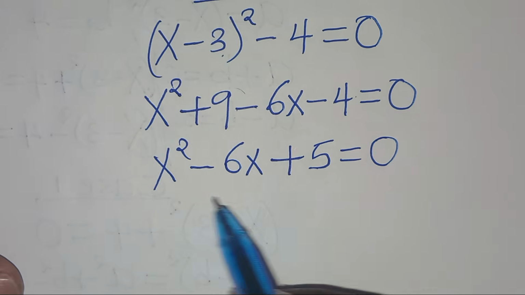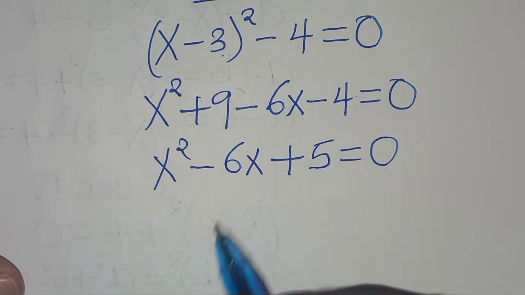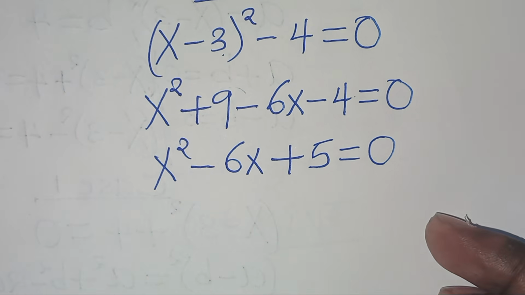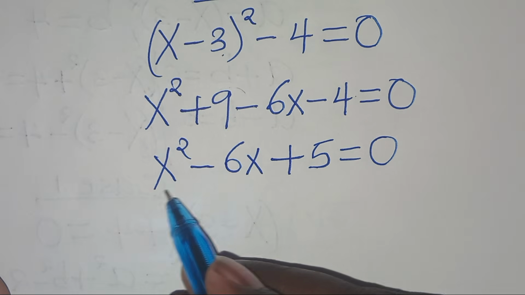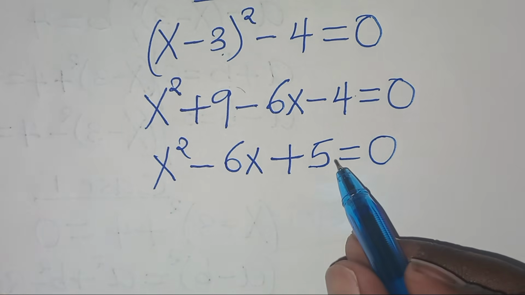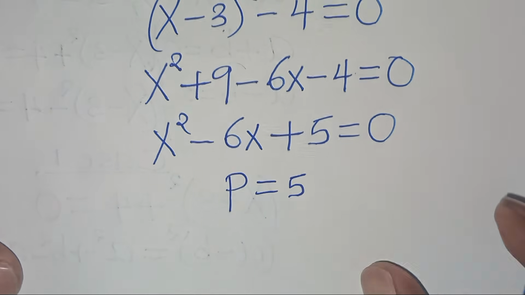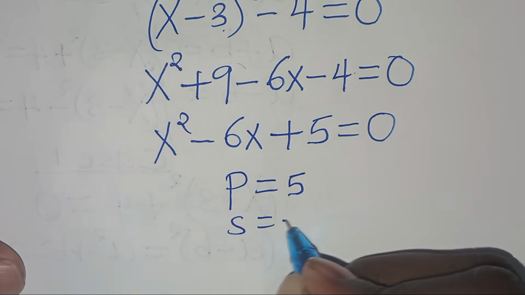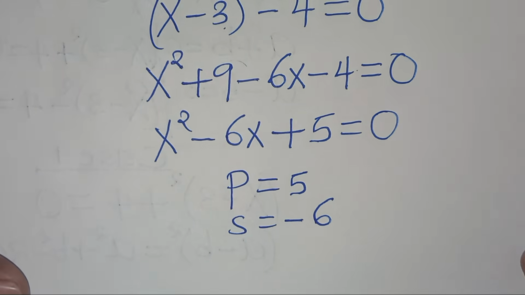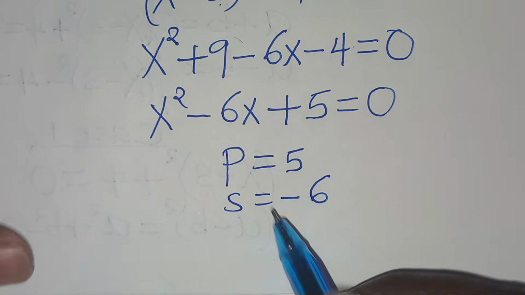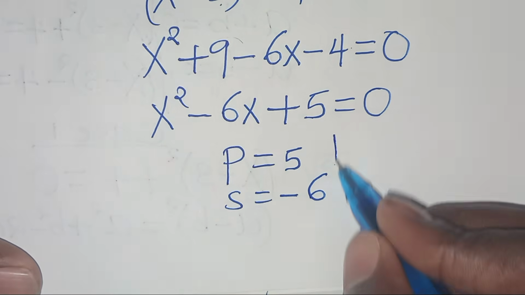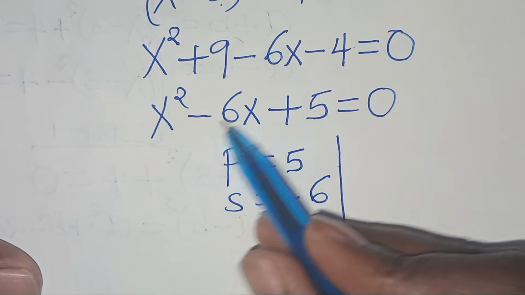Now, from what we have here, this is a quadratic equation. We can solve this by factorization method. We have the product here, this is equal to 5. The sum is equal to negative 6. So let's identify two factors here. If we sum those two factors, we have a value of minus 6.